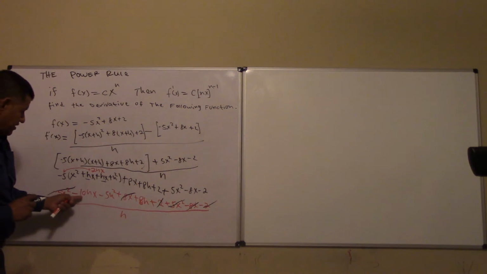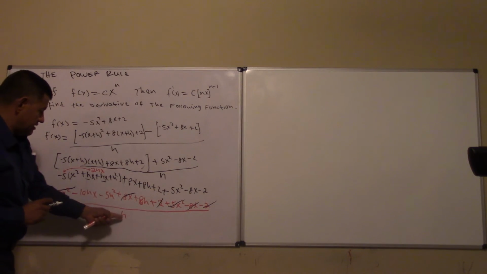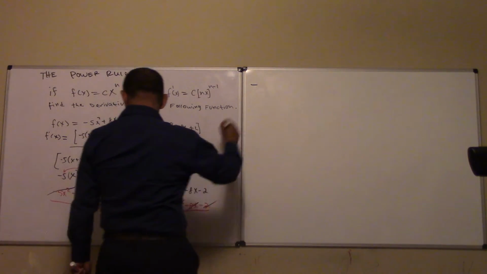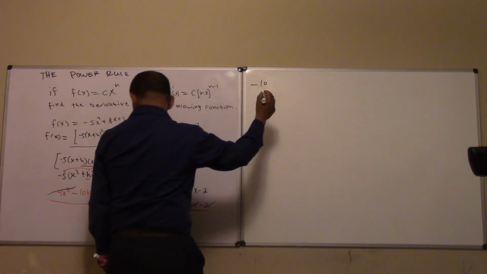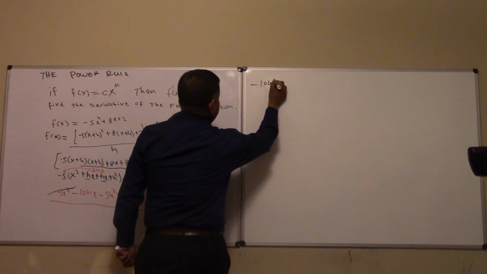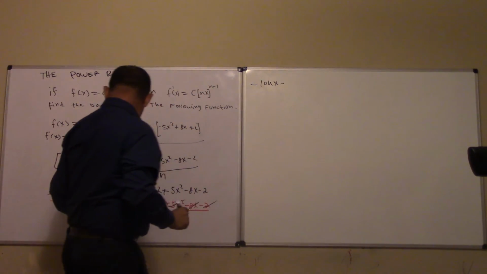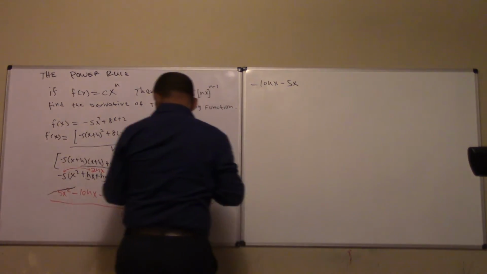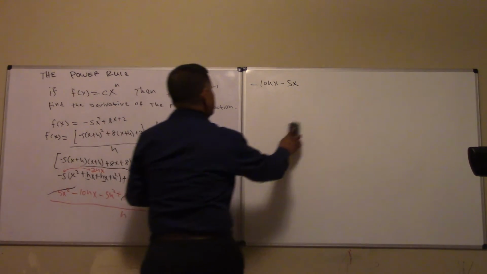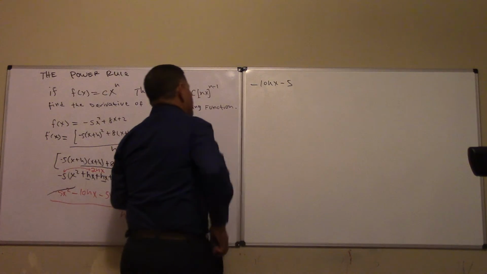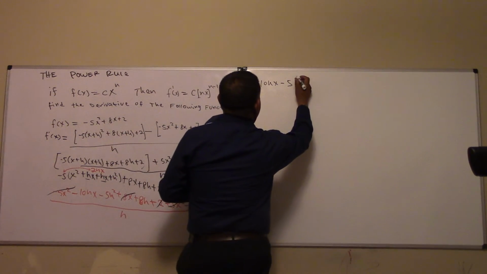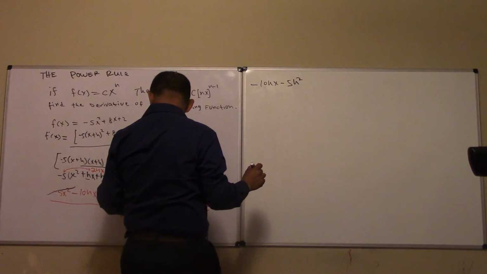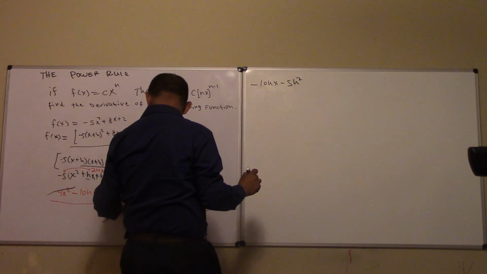I am left with this, this, this, and this, which is negative 10hx, right, minus 5h squared.